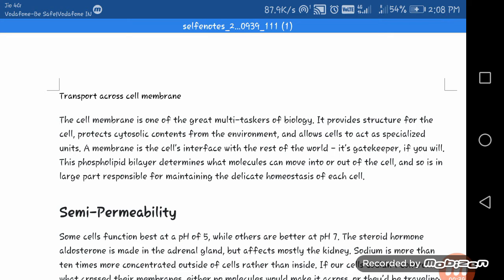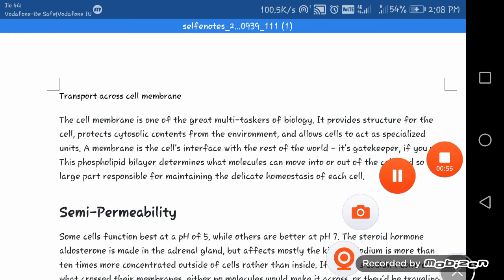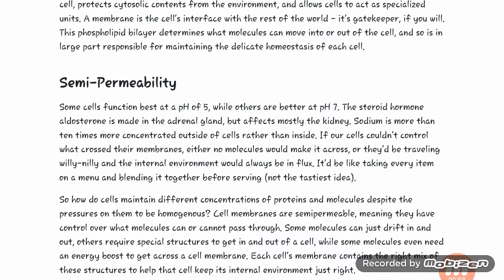This phospholipid bilayer determines what molecules can move into or out of the cell, and so is in large part responsible for maintaining the internal environment. Next is semi-permeability. Some cell functions work best at a pH of 5, while others are better at pH 7. The steroid hormone aldosterone is made in the adrenal gland but affects mostly the kidney.